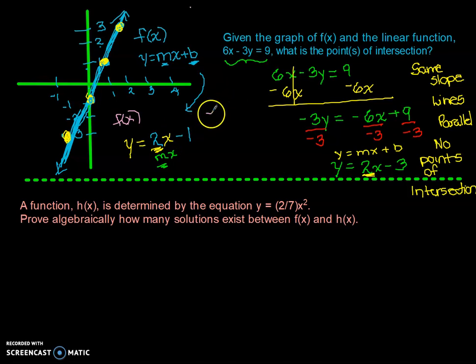This was the graph, so this is the function f of x, and h of x. So the two that I'm going to work with are h of x, which is given as y equals 2 over 7 x squared, and f of x, which was given up here as y equals 2x minus 1.